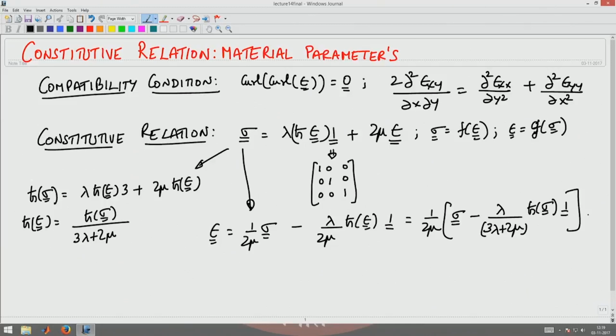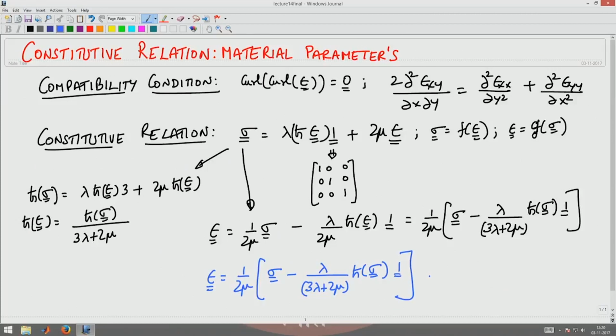Okay. So, the final expression for strain which we will carry forward is the following: epsilon is given by 1 by 2 mu times sigma minus lambda by 3 lambda plus 2 mu trace sigma identity tensor. Okay. This expression we will carry forward.